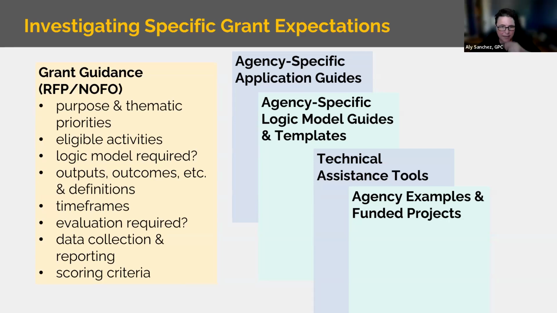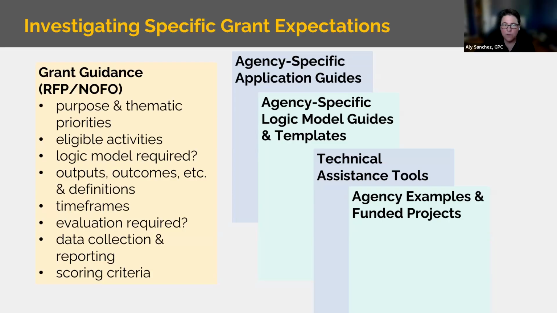So where do we look and what do we look for? First, we want to look at the grant-specific instructions or guidance. That can be called an RFP, RFA, NOFA, NOFO, whichever label they use, the instruction packet that is specific to that particular grant cycle and that particular grant. Within those, if they require a logic model, what are the specific requirements?